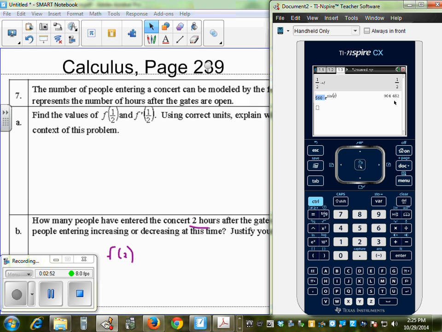So what this is telling us is that we had 904 people standing in line or entering the concert 30 minutes after the gates open.